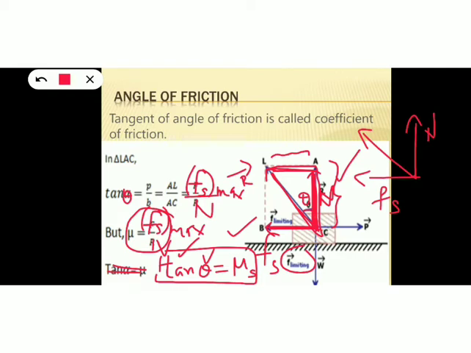So what is angle of friction? Angle of friction is the angle whose tangent gives us the coefficient of friction. That means tan theta equal to mu.